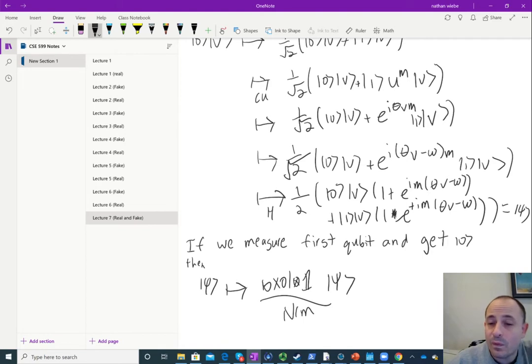So if we just do this measurement, we see, oh, hey, that is just |0>|v>. This scalar over here, we can just use some trig to handle. Using Euler's identity and a little bit of trigonometry, we end up finding that the probability of measuring this is cosine squared of m (theta v minus omega) over 2.